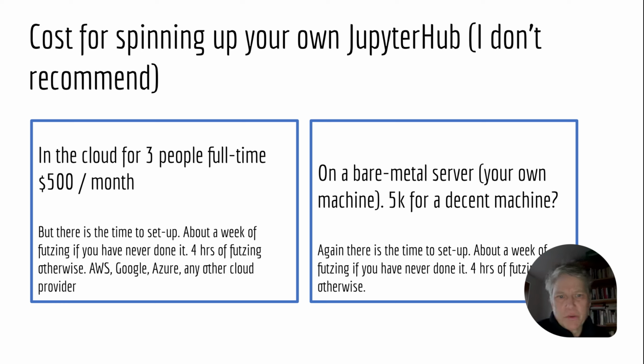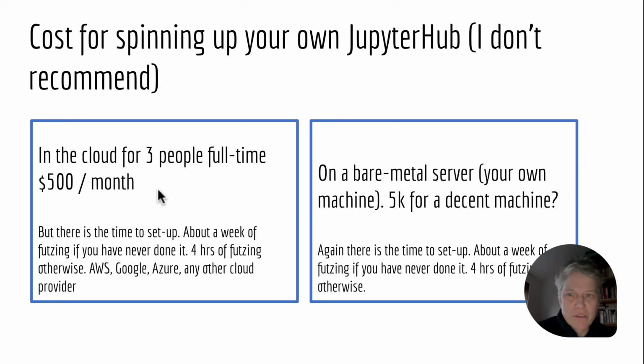So what are the sort of costs for running a JupyterHub? You can spin up your own. I put there, I don't recommend. I mean, a lot of people do. I have run many of them. It's actually very, very common for people to run their own JupyterHubs. It's not that bad.